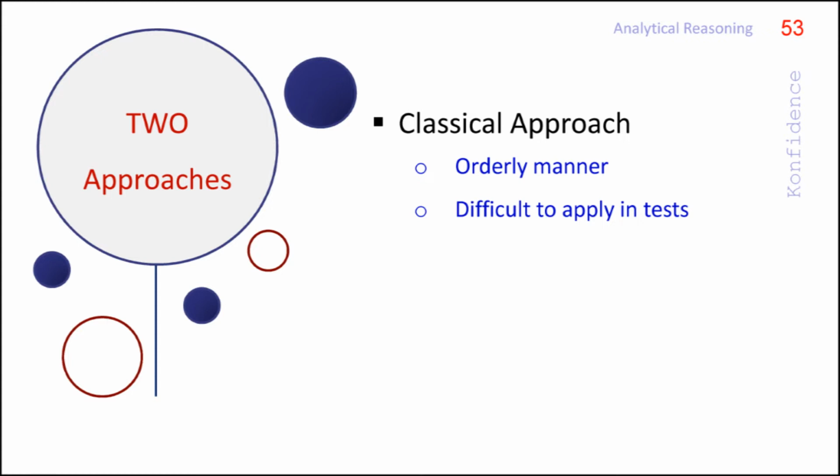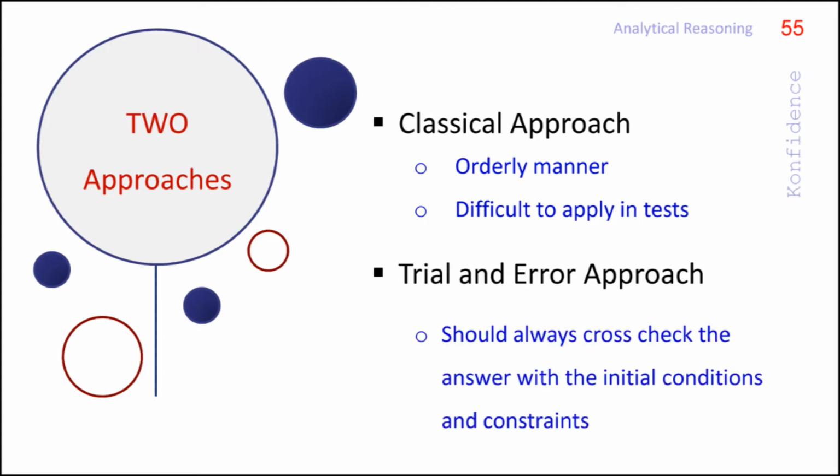There is nothing like it if you can keep your cool in the exam situation and attempt such questions in the classical method. But mostly, chances are that you will not be able to do it. You will still attempt that question. The method will be the tried and tested and the immediate fallback option of trial and error.